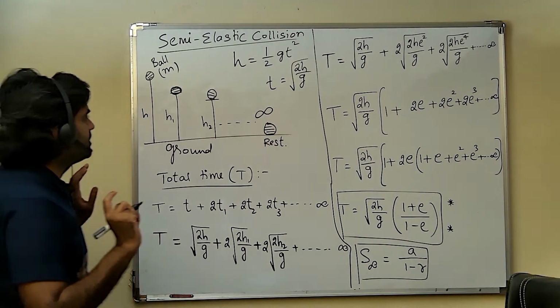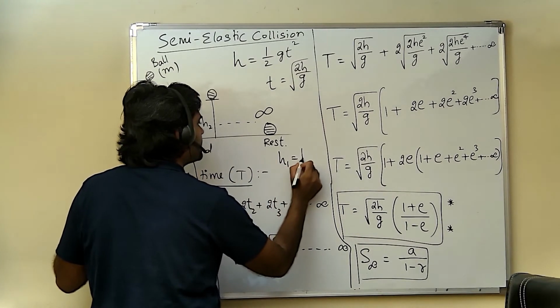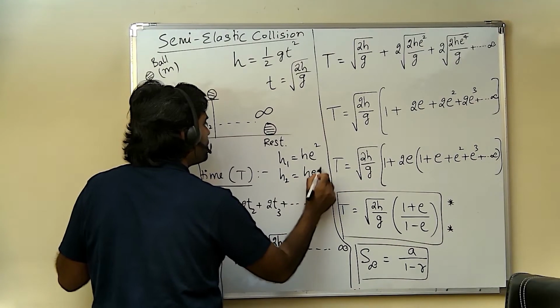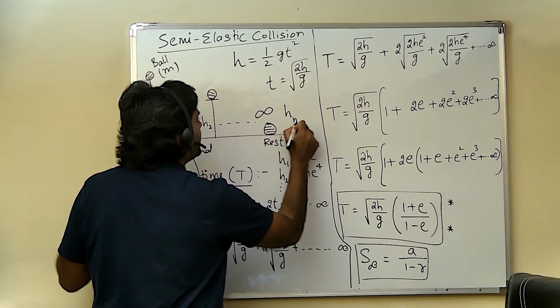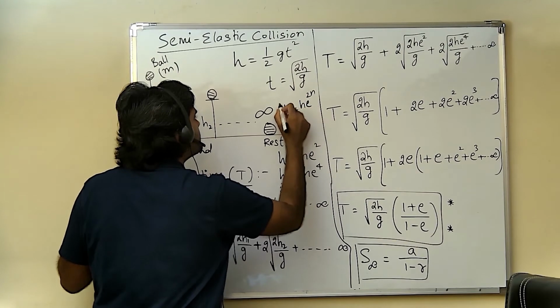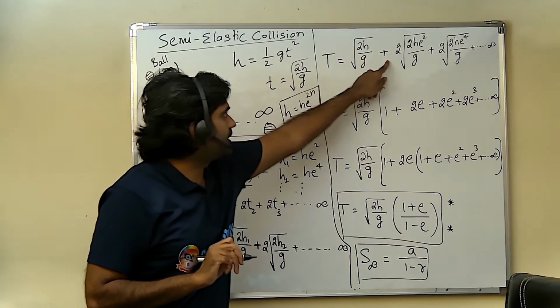And again students, in the concept class we have even studied that h1 is nothing but h e square and h2 is nothing but h e power 4, and you can generalize this and finally write hn is equal to h e power 2n. So utilize this concept and substitute over here.